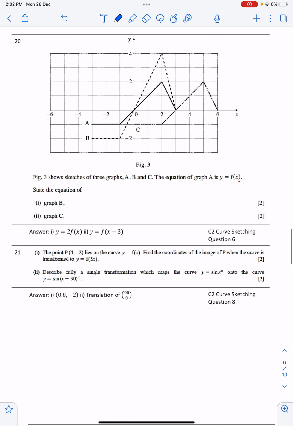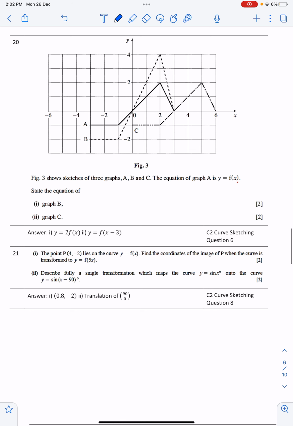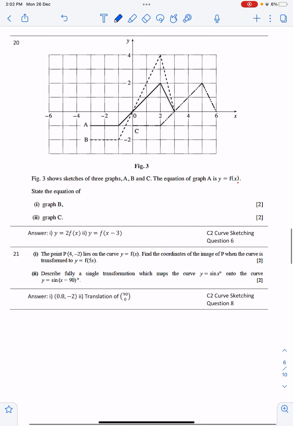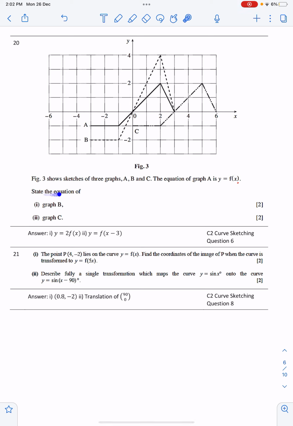Question number 20. Figure 3 shows sketches of 3 graphs A, B and C. The equation of graph A is y equals f of x. State the equation of graph B. If this is the original graph, and you have to find the equation of this graph, if you notice, the distance from the y axis is being doubled on this side.